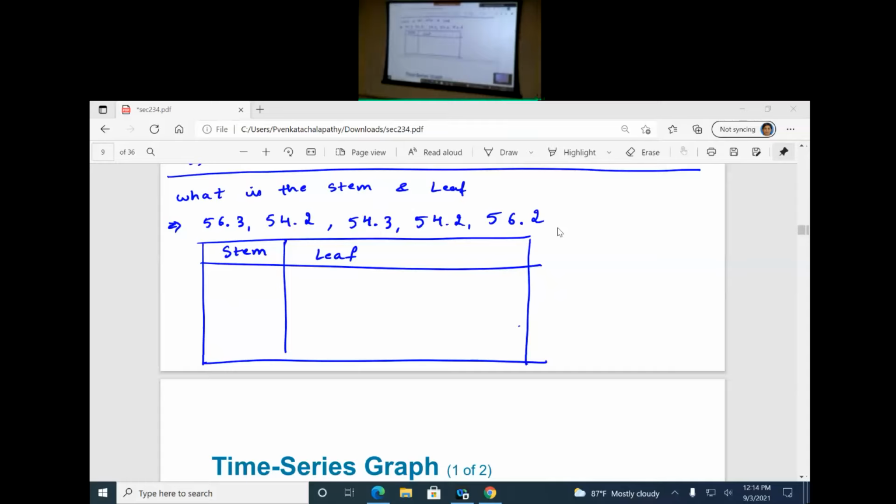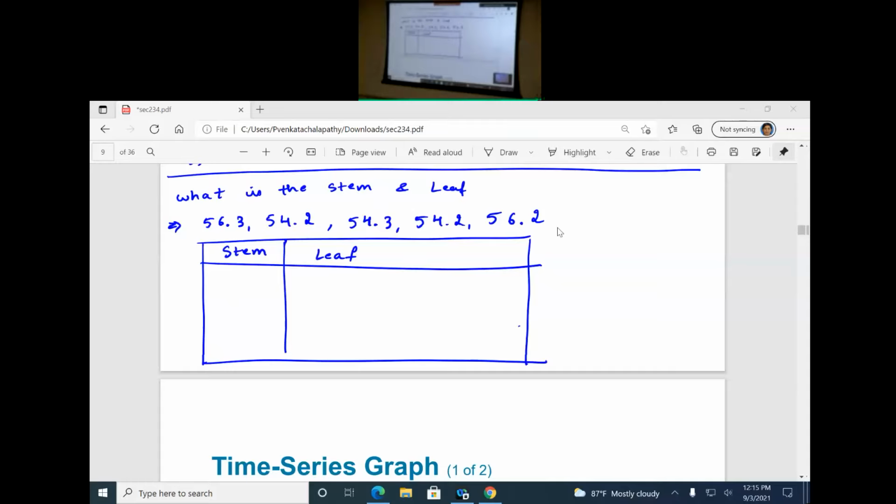Yeah. So it is similar to three digits. So it'll be like this. This is your stem and this is your leaf. If you have a value 56.3, you will write the first two digits here and the remaining digit here.